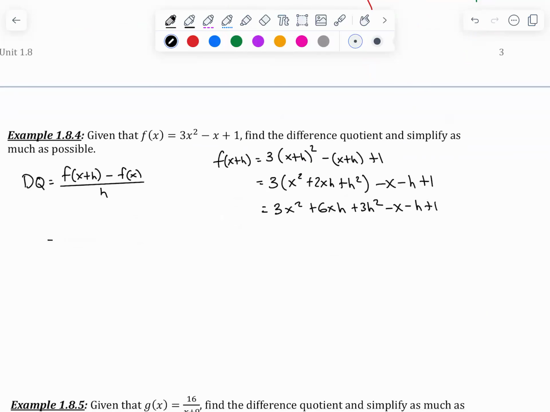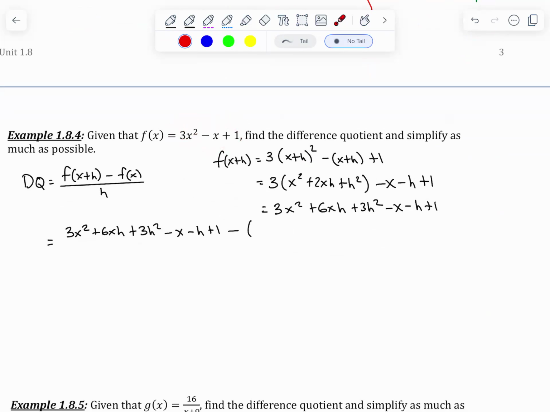We'll plug it in. That'll be 3x squared plus 6xh plus 3h squared minus x minus h plus 1 minus, and I'm going to put parentheses around it, and I meant to mention it earlier on. The reason why I have to put parentheses, if you're wondering why I have to, it's because I'm subtracting multiple terms.